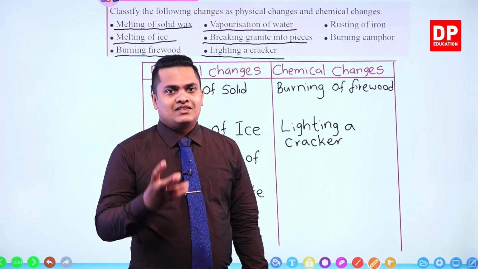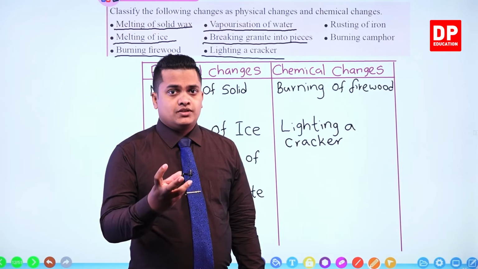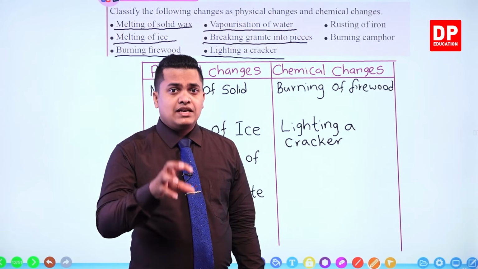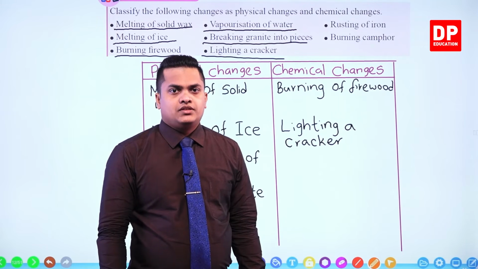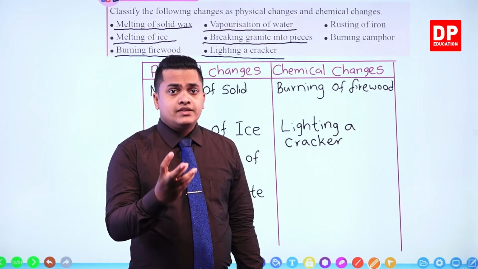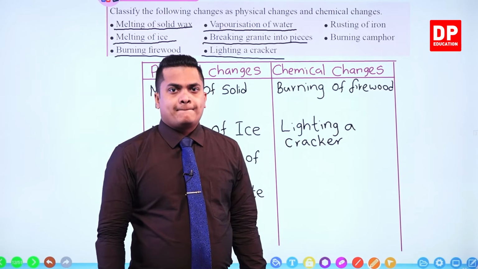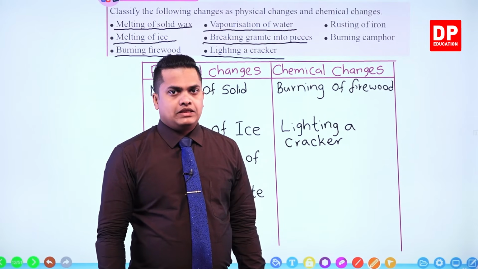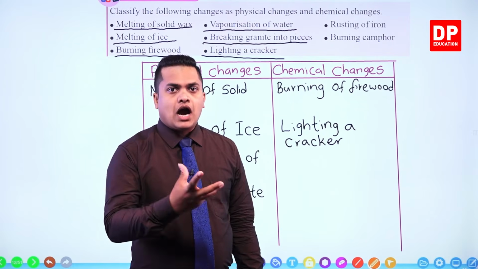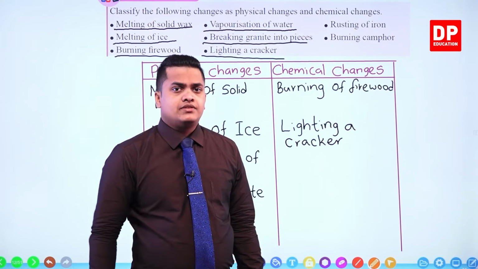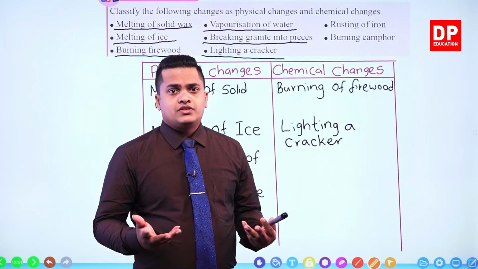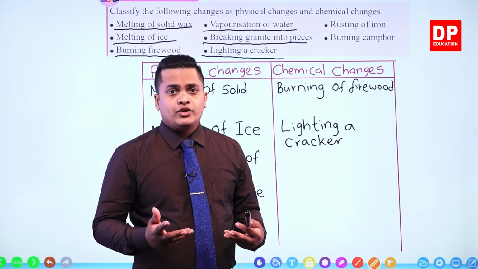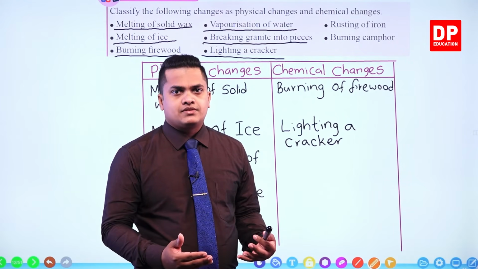It's because the physical structure as well as the chemical composition of the material has changed here. That's why the hardness fades from the material. Iron is a good hard substance, but after catching rust, iron is going to convert into a brittle substance.